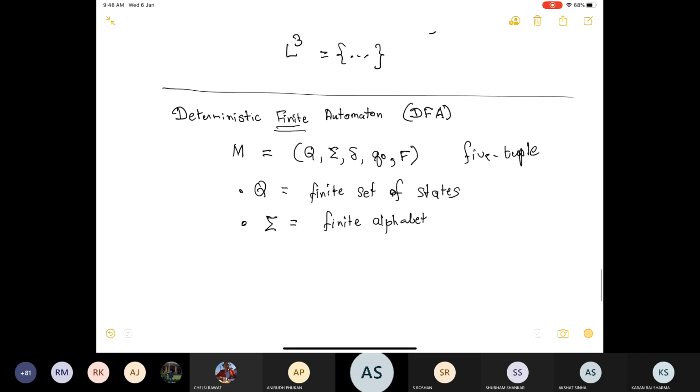And delta is a state transition function. It takes a state and an input symbol, and gives you a new state. So that's called the transition function.